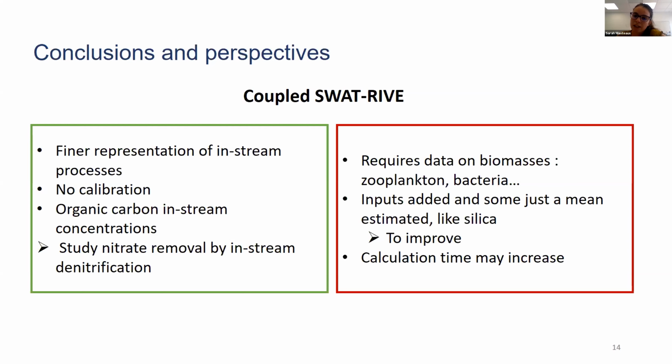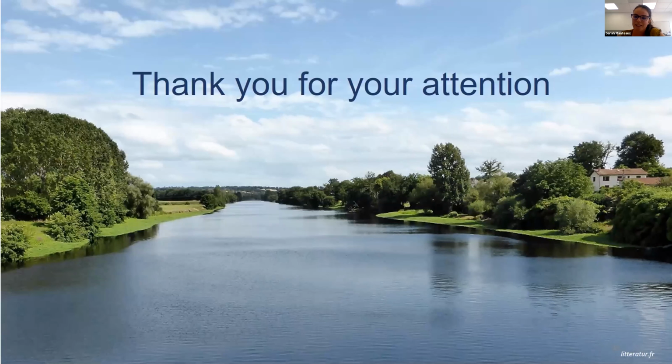But on the other hand, it requires a lot of data that we don't have and don't need for SWAT, like zooplankton biomasses or bacteria biomasses, and to add other inputs that are not calculated by SWAT. And maybe the calculation time will be higher as RIVE has to run several times a day for daily inputs and daily outputs. So thank you for your attention.